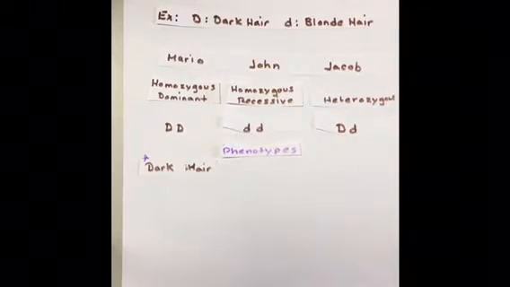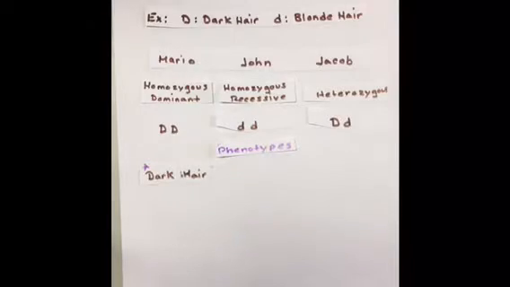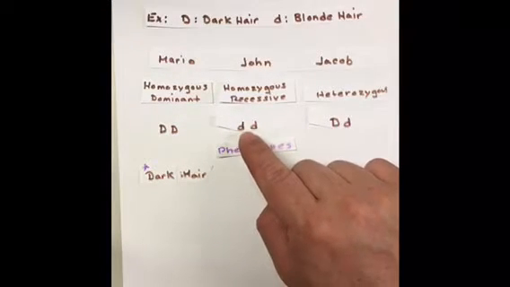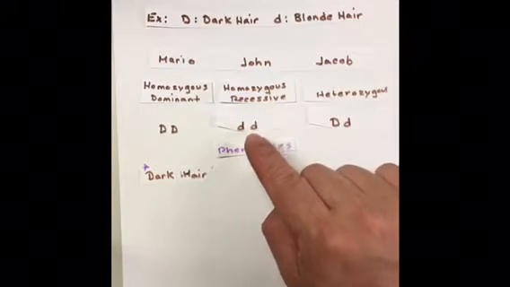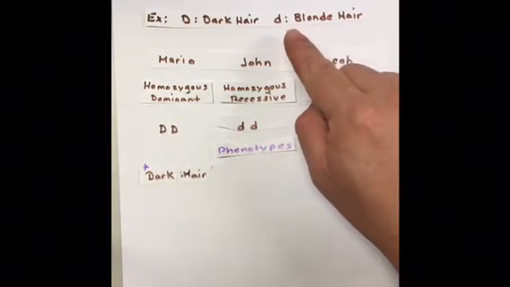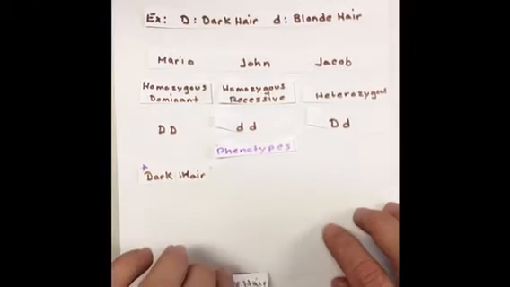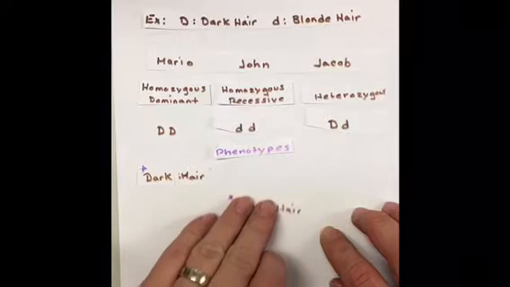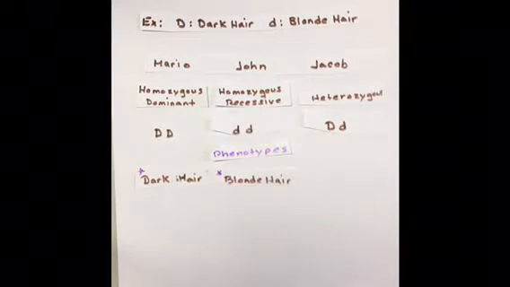That would be his phenotype. Now, John is homozygous recessive, meaning he has two copies, both recessive. We look at our key, and this gene would give us blonde hair. So therefore, we would say that John has blonde hair, because of that genotype.